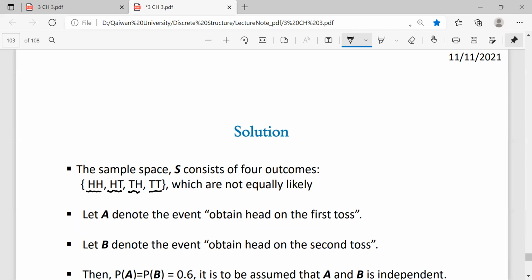We let A denote obtaining head on the first toss, and we let B be obtaining head on the second toss.